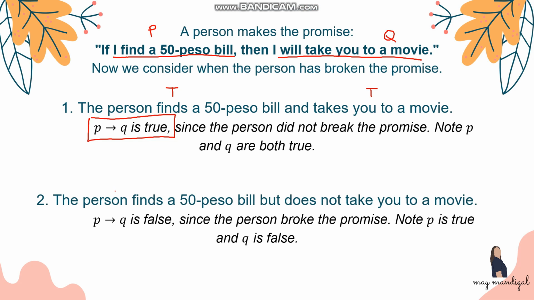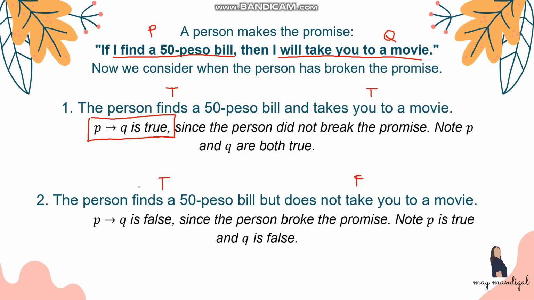Another statement, the person finds a 50 peso bill but does not take you to a movie. So in this case, the antecedent is true because the person really finds a 50 peso bill, but the consequent now is false because that person does not take you to a movie. Okay?